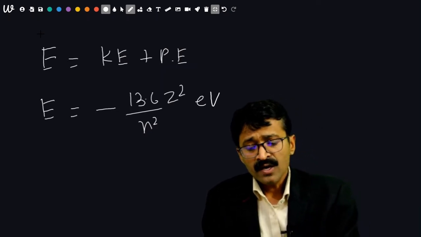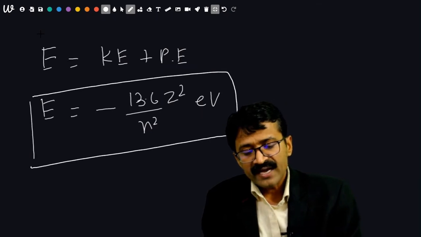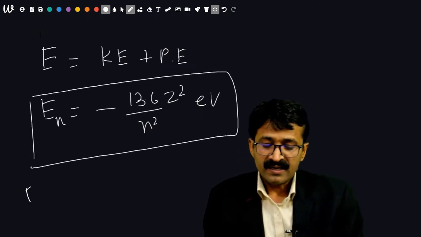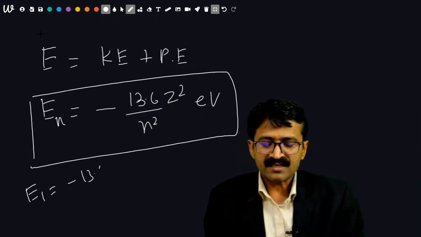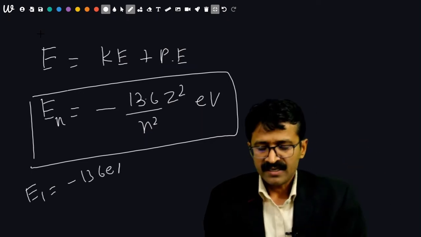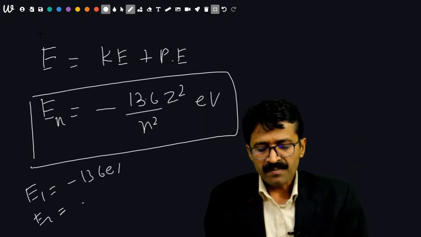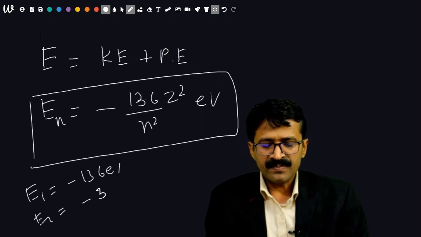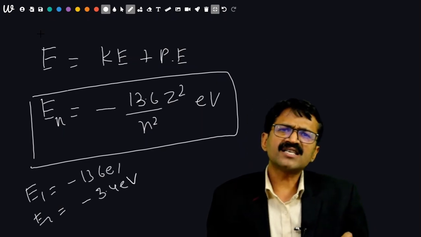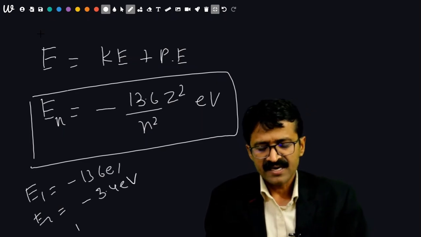Now, different values of energies you have to learn. E1 is minus 13.6 electron volt, E2 minus 3.4 electron volt. We are just putting the value of n, nothing else.